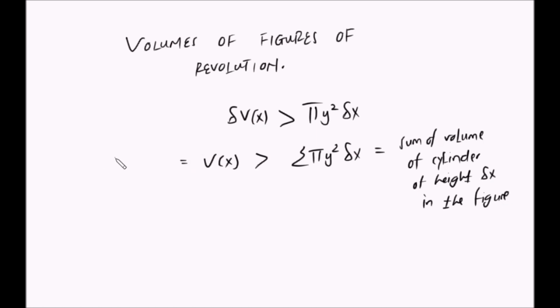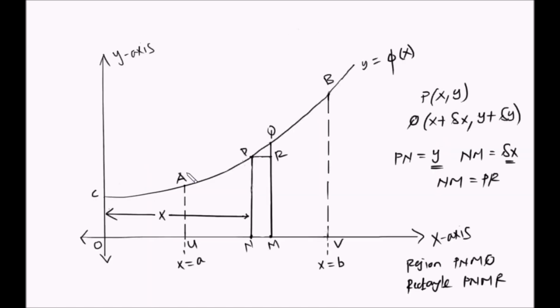Whereas this is the volume of the figure. Now when those rectangles become very thin, recall the historical calculation of an area by the limit of a sum. This excess region decreases. So as delta x becomes small, this region becomes smaller, okay?